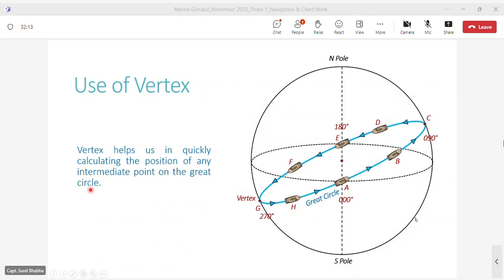But when doing great circle passage planning on board, we also need to identify intermediate positions on the great circle track. These intermediate positions act as waypoints and help us plot our great circle passage on the chart. The vertex helps us quickly calculate the position of these intermediate positions. Moving ahead now, beta, I'll show you how to calculate these intermediate positions.